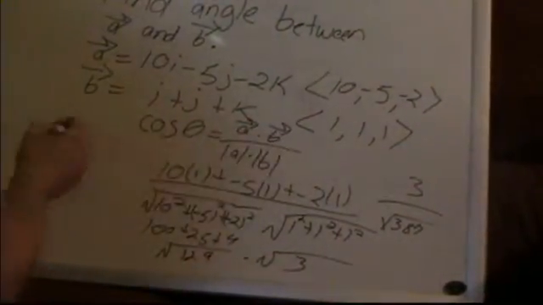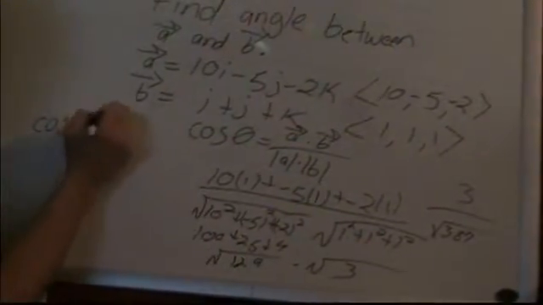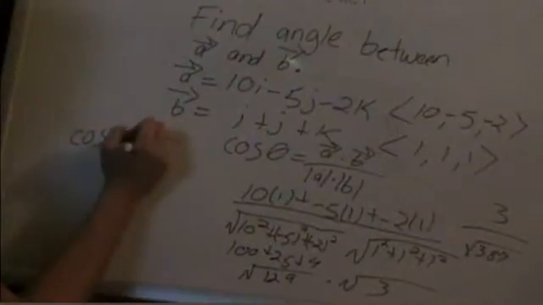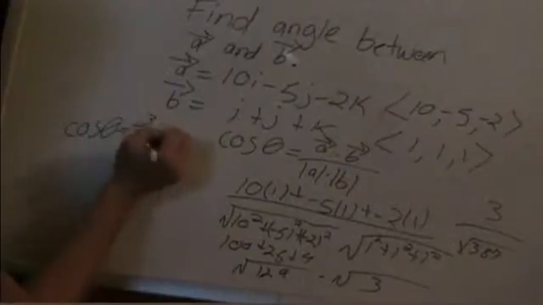We go back up here and plug this in. You end up with cosine theta is equal to 3 over radical 387.